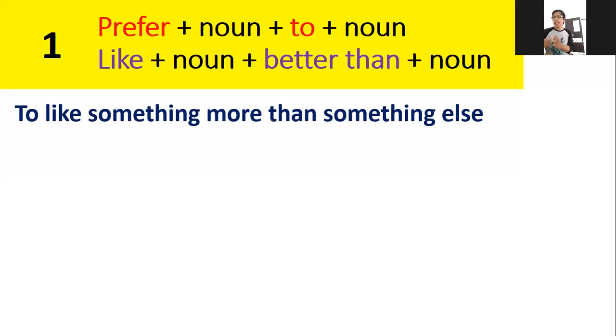The meaning of general preferences is to express that you like something more than something else. In this context, you express a noun, not a verb or activity, but a noun like food, music, or hobbies.